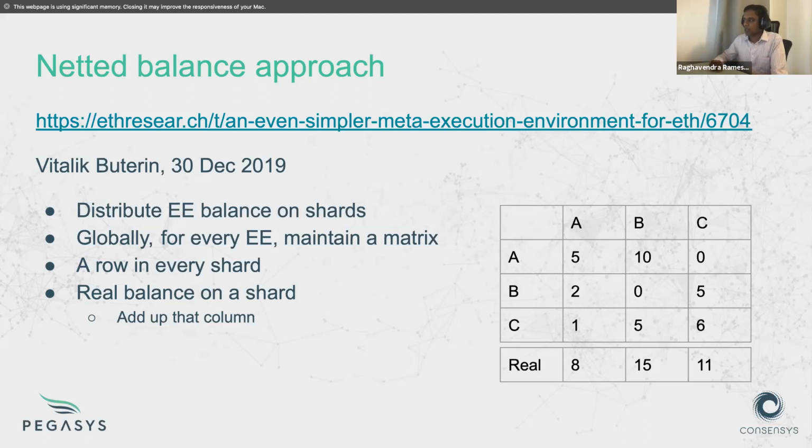For example, if I want the balance of this execution environment on shard B, then I'll have to sum up the entries in the second column, which is the B column, 10 plus 5, 15. As I'll describe later, the diagonal elements can go negative as well.